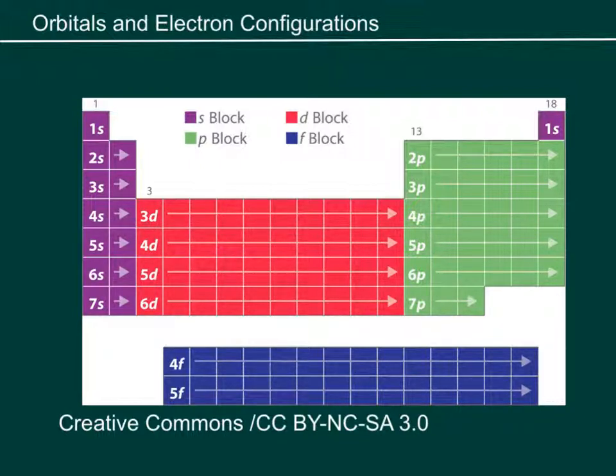All of the ones in the first column tend to form +1 ions. That's because they all have 1 s electron. For hydrogen, it's 1s1, lithium, it's 2s1, and so on, sodium, potassium, etc.